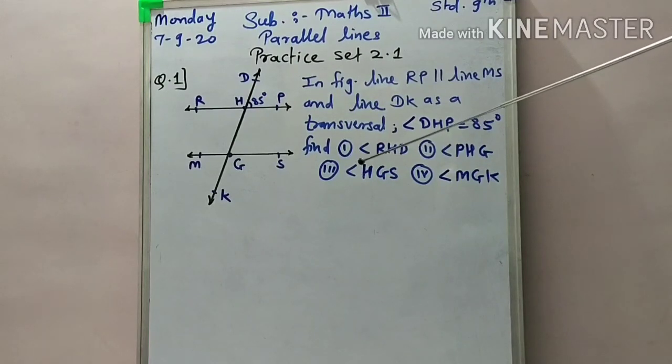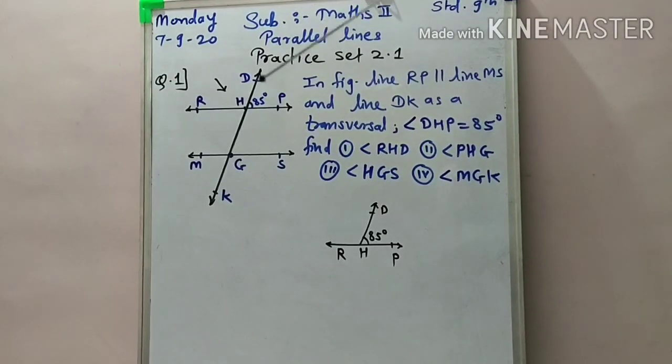The first angle to find out is angle RHD. As you observe in the figure, here is the angle RHD. As I bifurcate the given figure, angle RHD and angle DHP, this pair is known as linear pair angles, and linear pair angles are what?